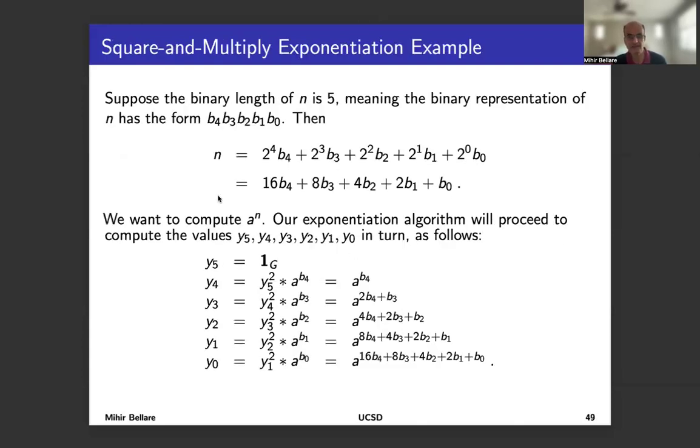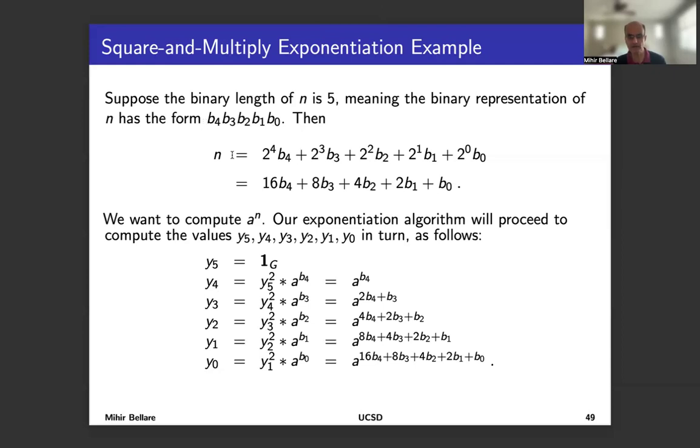And that clever method is called square and multiply. And here's what it looks like. So here I'm going to suppose that the number n to which we want to raise a has binary length 5. I don't know at the moment what the number is, but I'm assuming it's 5 bits long. What that means is in binary, I can write it like this, 5 bits, where this is the least significant to most significant.